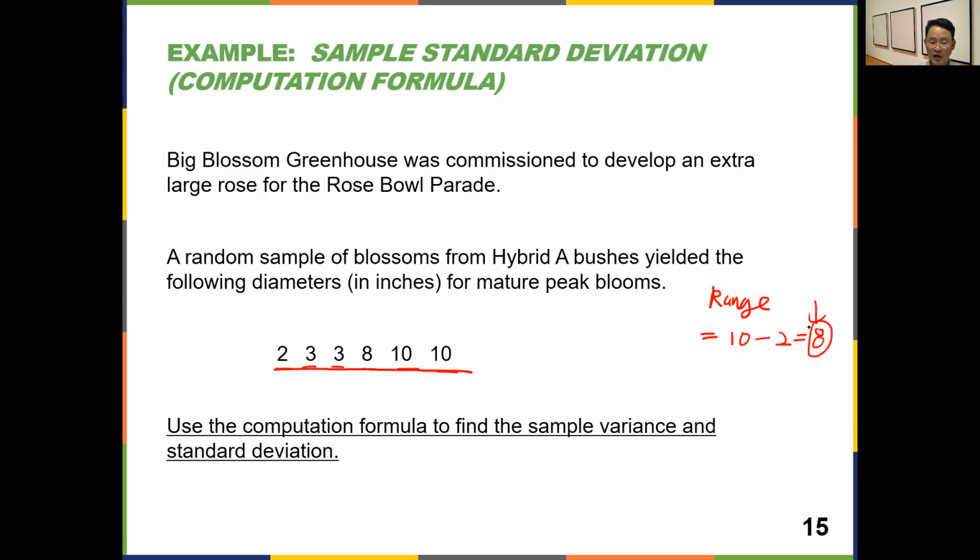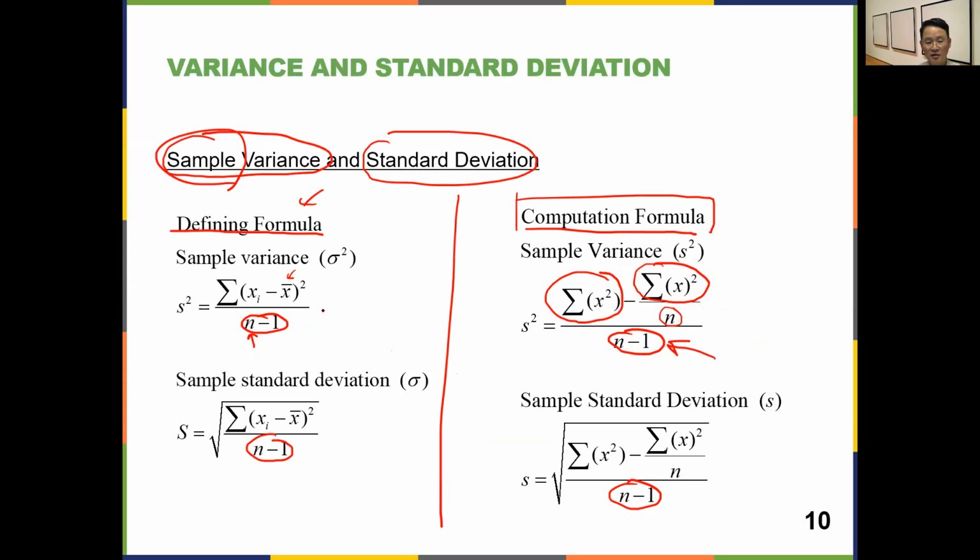Eight is the range of this data set, but range is simply not good enough to describe whether the entire data set is spread out or concentrated. So this question says, use the computation formula to find the sample variance and sample standard deviation. Now, is this sample data or population data? Because it's sample data, we're going to use this formula for sample.